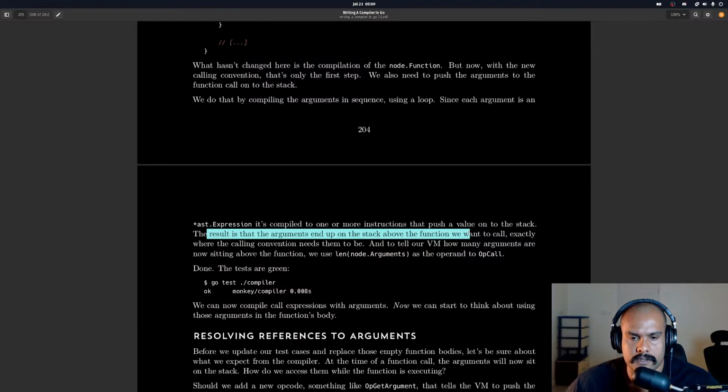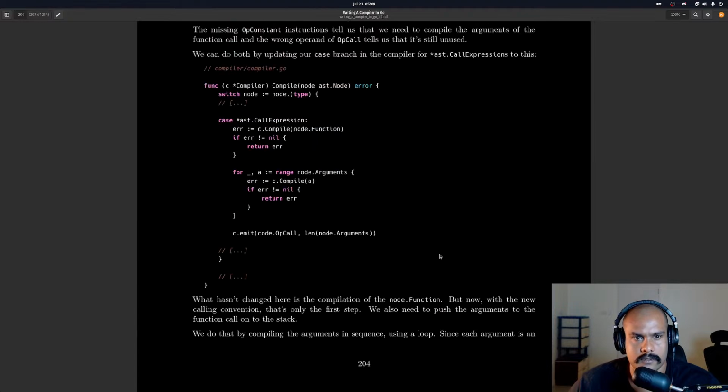Right, so it'll be just above. Yeah, because function literal and then call. So when call happens... Yeah, okay, gotcha.